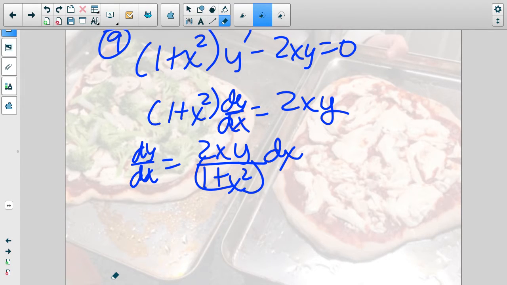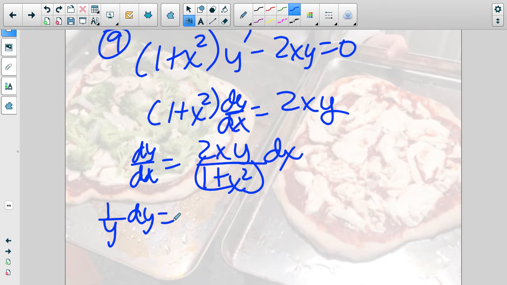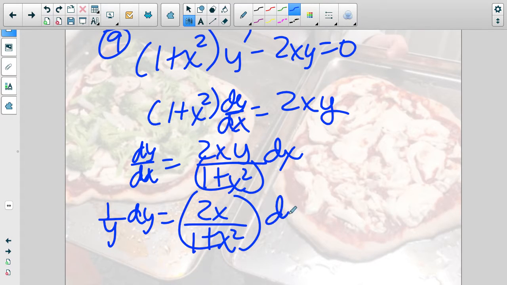And I might as well just take it. So I'm going to have 1 over y dy equals 2x over 1 plus x squared dx. Oh, sorry, I got too many dx's in here. Did y'all see at some point I need to move that over there? Separate my differentials. These are differentials. Then are y'all okay so far? Mm-hmm. So it's algebra to this degree.